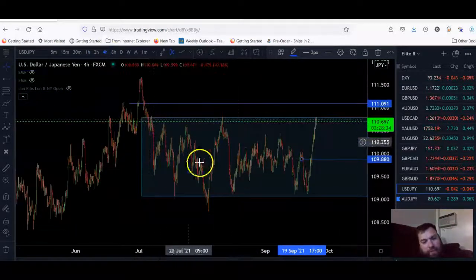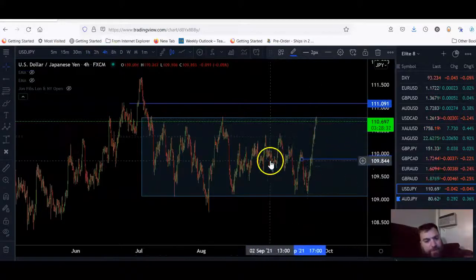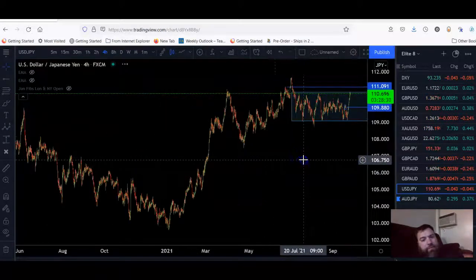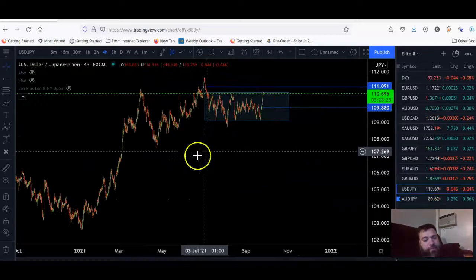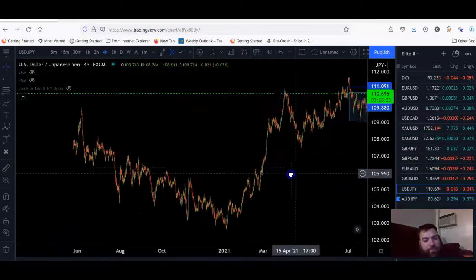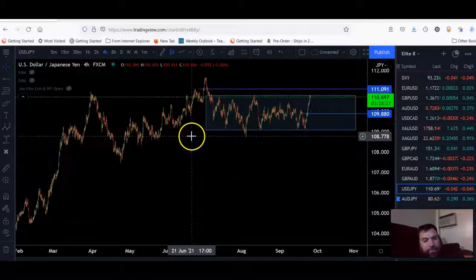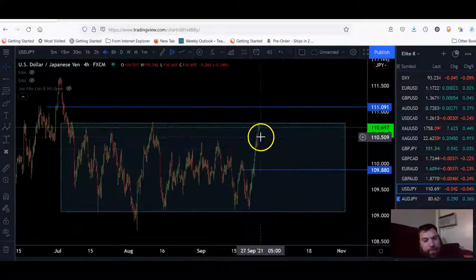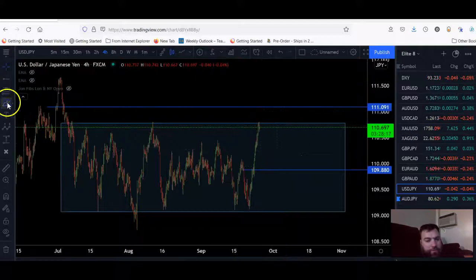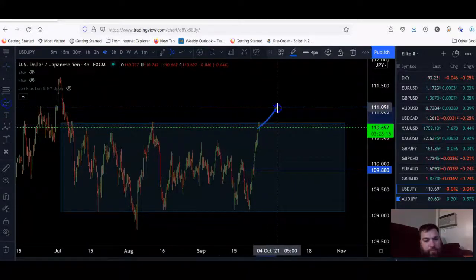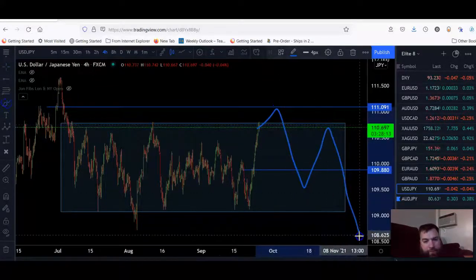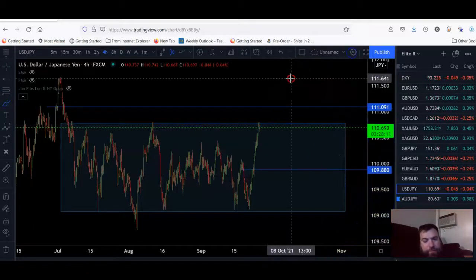This is one big range right here. I don't really trade the USD JPY, but I like to see it come up, come down, come up, come down, up, down. We'll see.